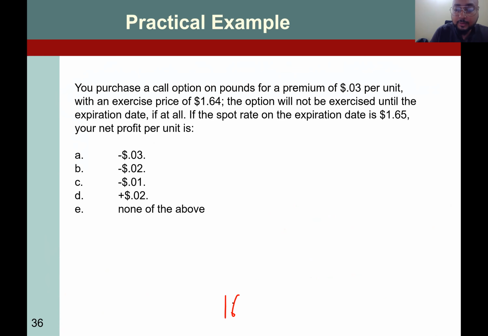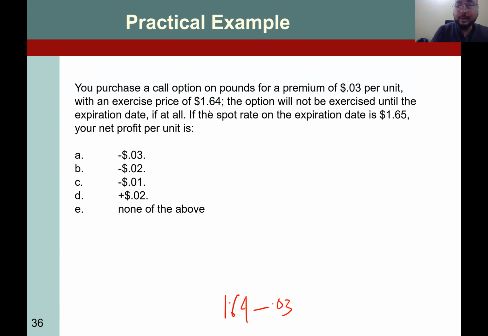The option will not be exercised until the expiration date. This is a European style, don't worry about that. If the spot rate on the expiration is 1.65, so what is your net profit?